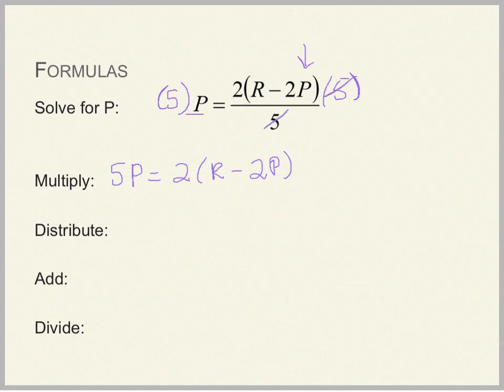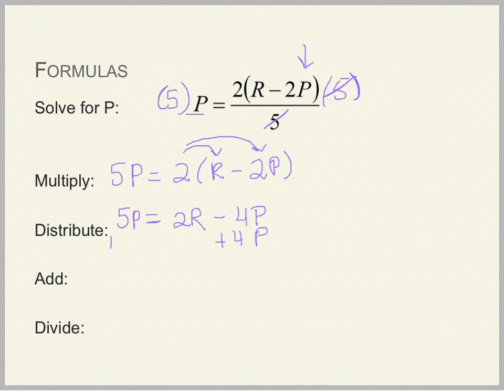Now I need to distribute, meaning this 2 needs to get distributed to the R and to the negative 2P. So I have 5P equals 2R minus 4P. I'm now going to add 4P to both sides.